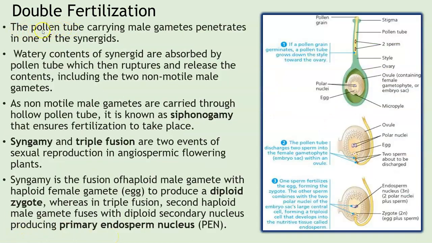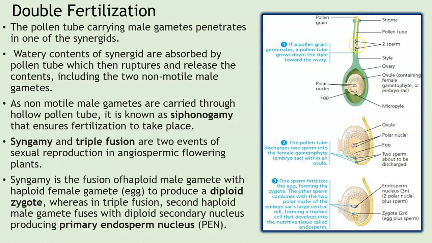Then the next step is, after the pollen tube has entered through the micropylar end, the pollen tube carrying the male gametes penetrates one of the synergids, and the watery contents of the synergid are absorbed by the pollen tube, which then ruptures and releases its contents, including the two non-motile male gametes. You can have a look at the image here.